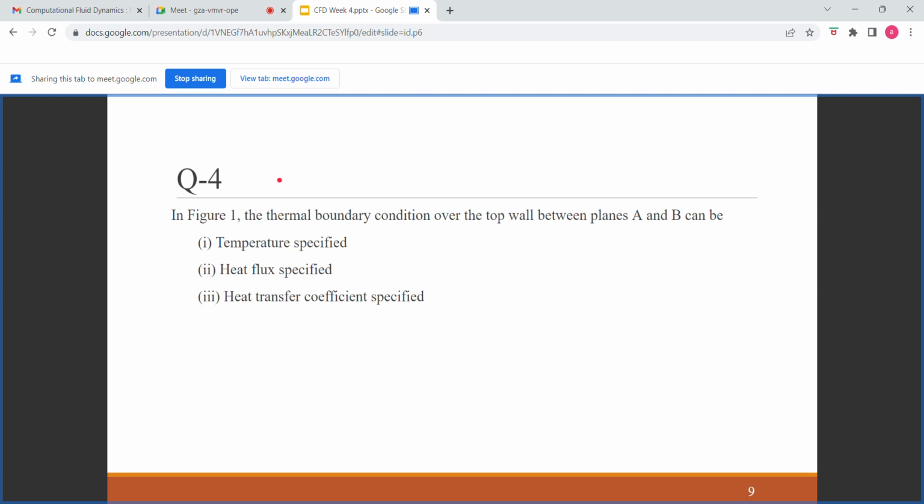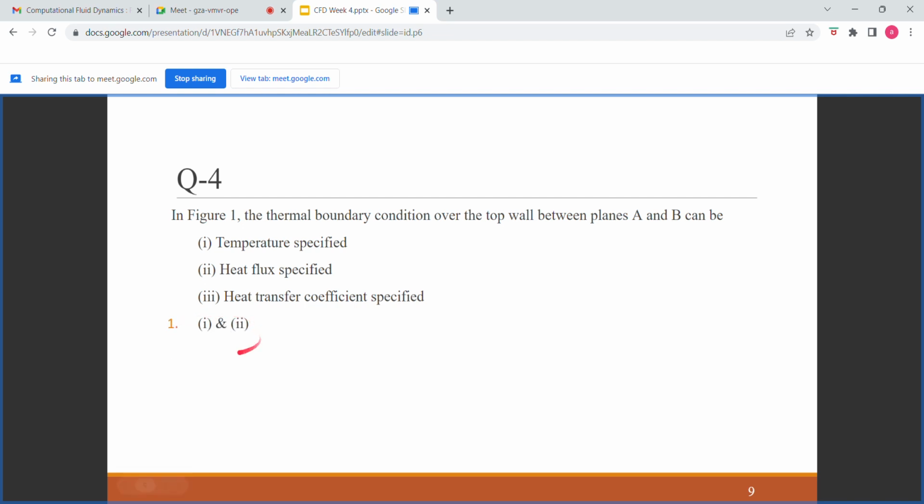Temperature can be specified to solve this problem, or heat flux can also be specified, but the heat transfer coefficient need not appear in the thermal boundary condition. It would be obtained as a solution.